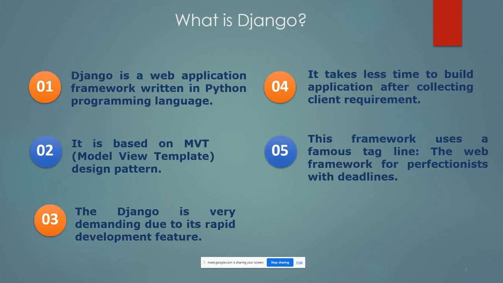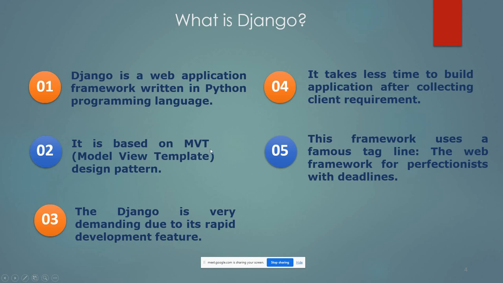Generally, when it comes to other types of web applications, earlier every web application followed MVC architecture, model view controller architecture. But Django follows MVT architecture: model view template.